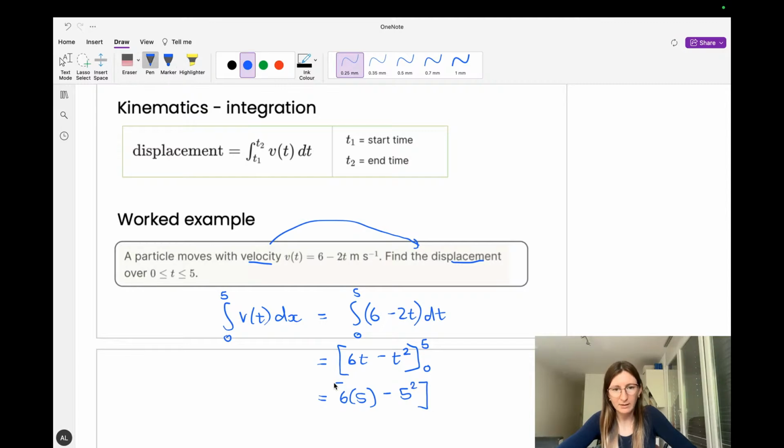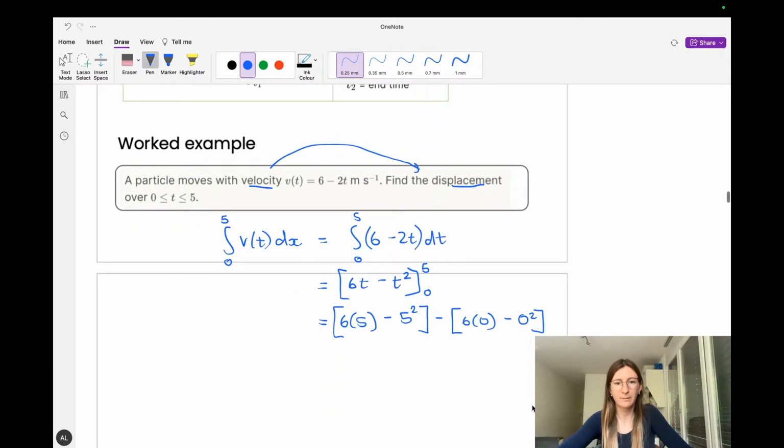That's my first bracket. Minus, and now I substitute 0: 6 times 0 minus 0 squared. So what do we have here? 30 minus 25. And very nice, that's all just 0. So we get 5. And what was our unit? We wanted displacement, and we're in meters. So my displacement was 5 meters.